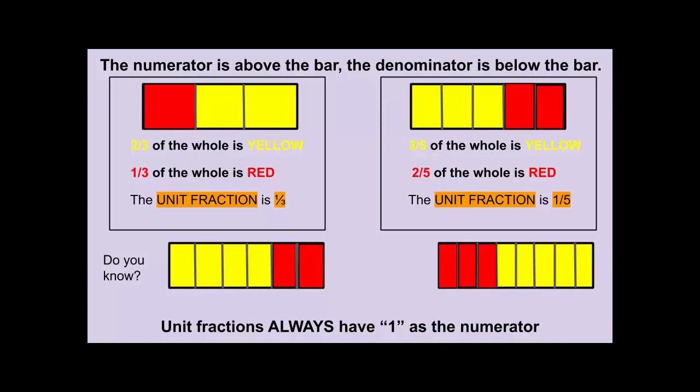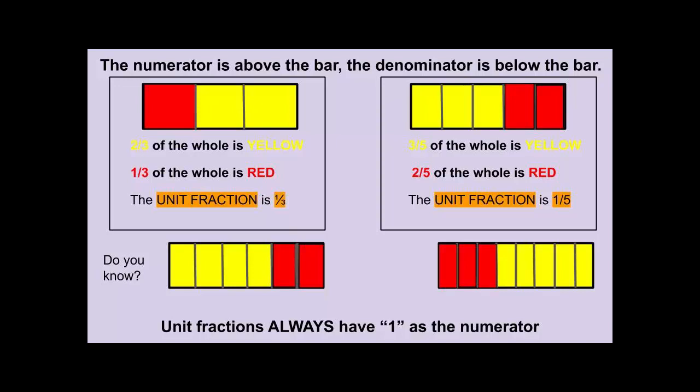Looking at the next rectangle, how many parts do you see? I hope you said 8 parts. How many of the parts are yellow? Yes, there are 5 yellow parts. So the region of yellow, the fraction would be, yes, 5/8.